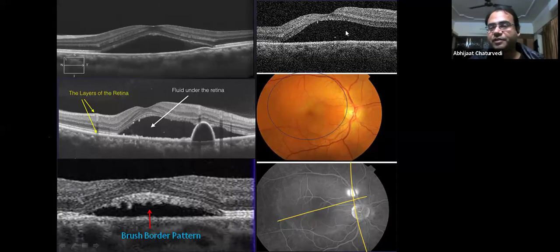Had I had just this image, I could have thought this is a case of retinal detachment, because see the amount of NST, it's not even getting adjusted in one single scan. But when you see the fundus image, it doesn't look like a retinal detachment to me. And when you do an FFA, you can see the sign, which is a hallmark sign of CSR. Now you combine all these three and you make a definitive diagnosis of CSR and treat the patient on such lines.